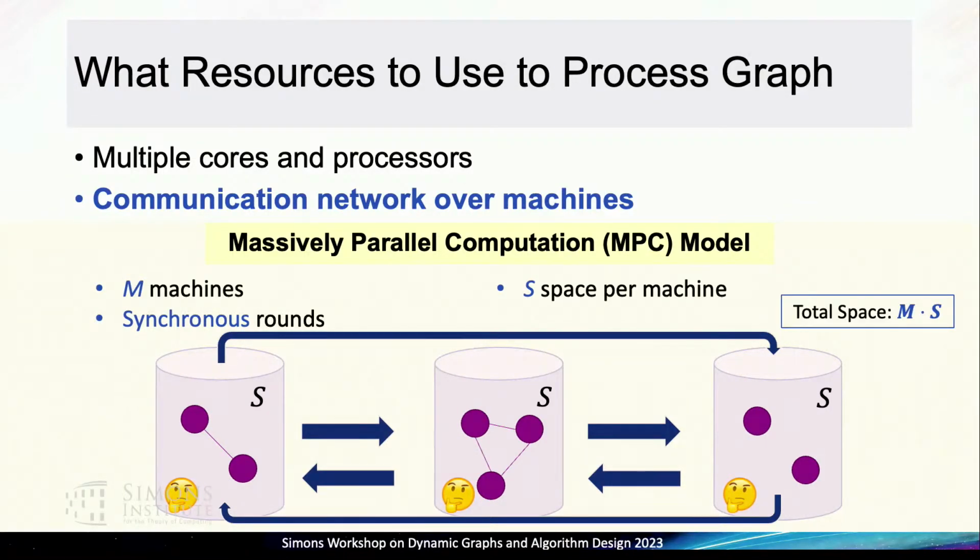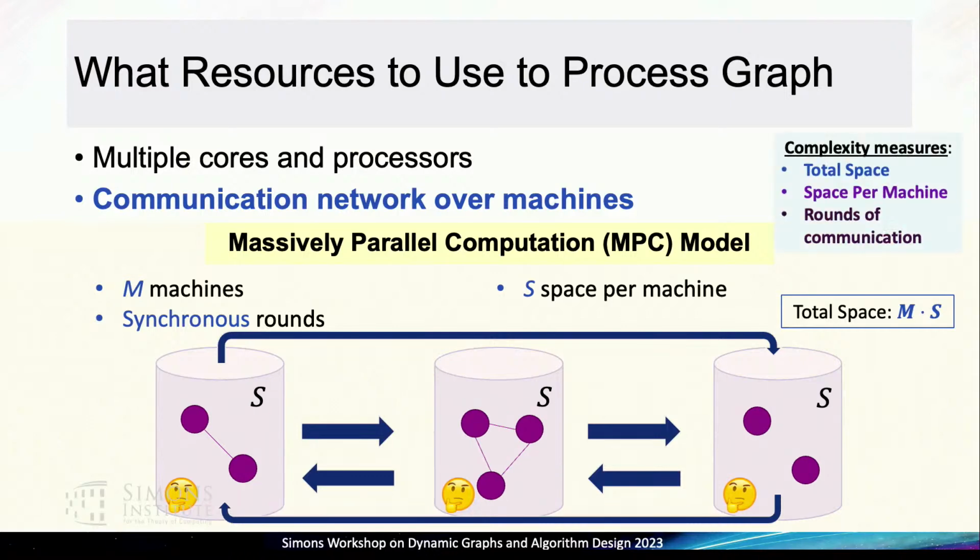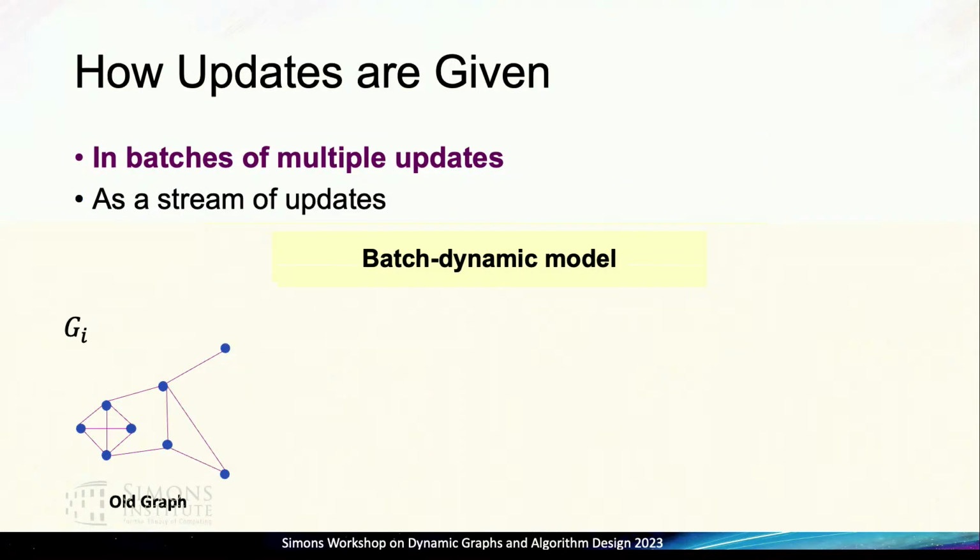Another complexity measure that you care about is the total space, which is M times S. The complexity measures that we specifically care about in this model are the total space, the space per machine, and the number of rounds of communication. So here are the 2 models on how to process the graphs.